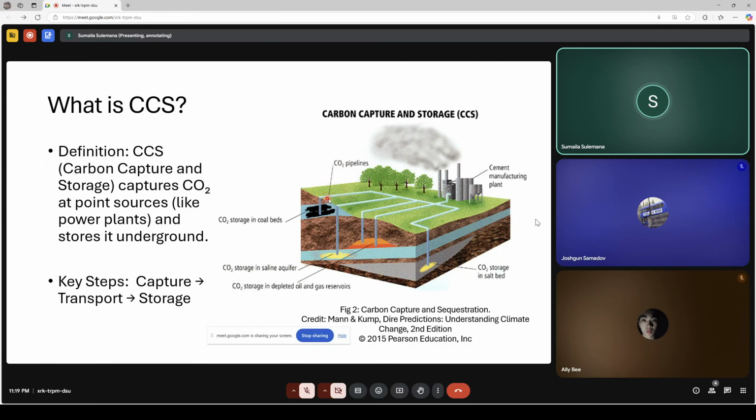So you can see there are pipelines connected to the cement manufacturing plants, and within the subsurface, geologists may have a better understanding of how variable, or what term am I looking for, inconsistent the subsurface can be.